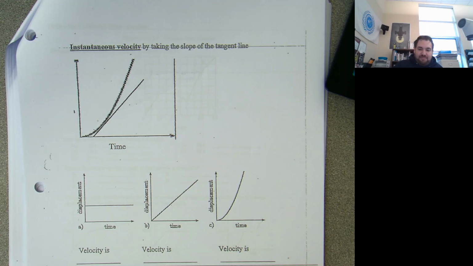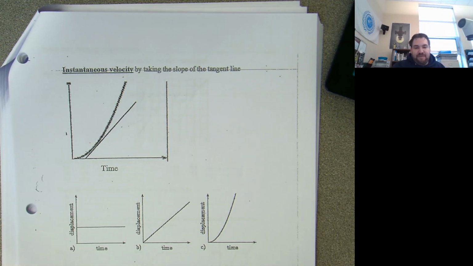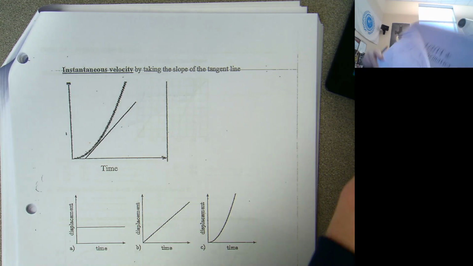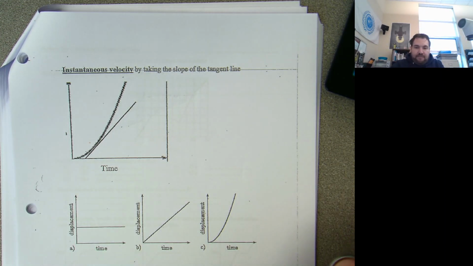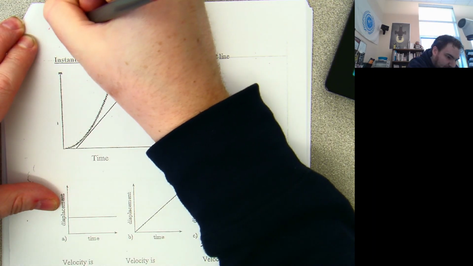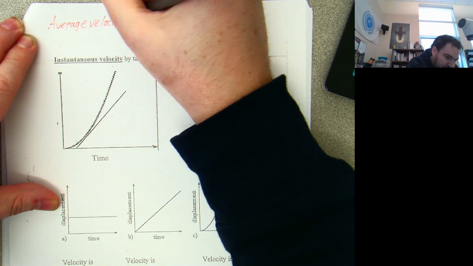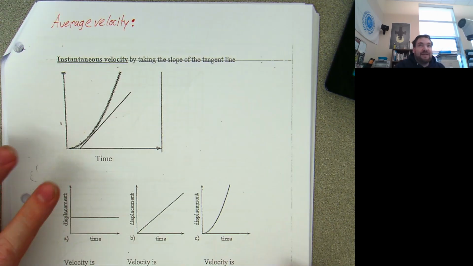So there's a concept here called instantaneous velocity, and above here I want to make a couple notes before we actually go ahead and find that. Average velocity. We've calculated it already.